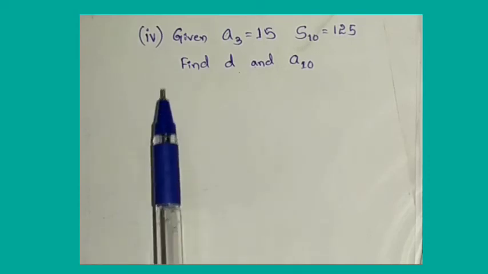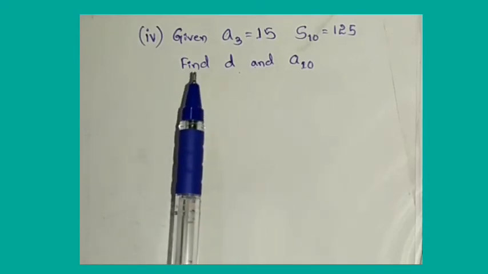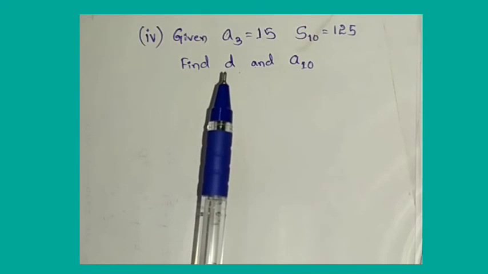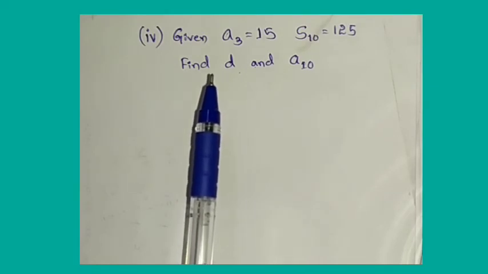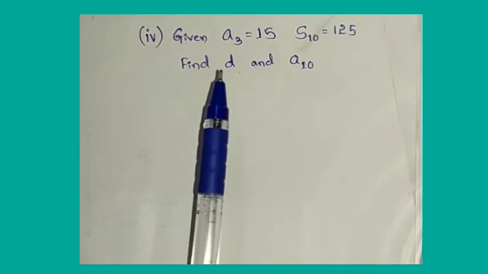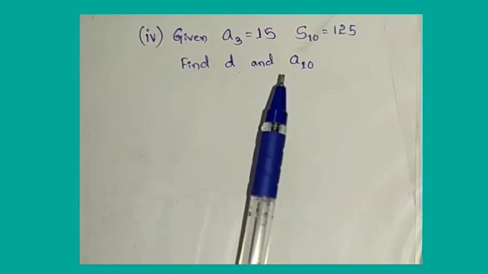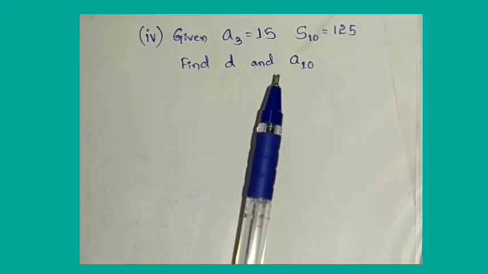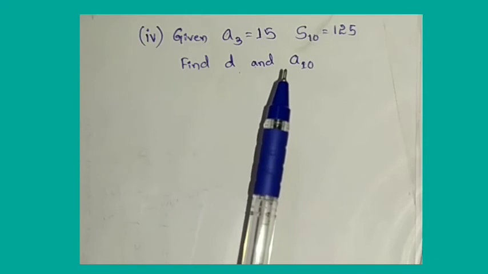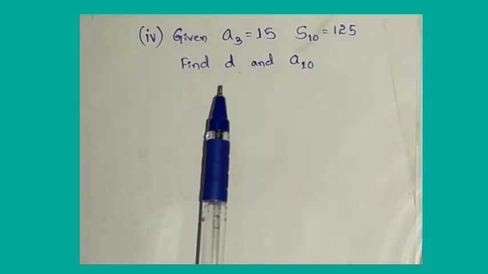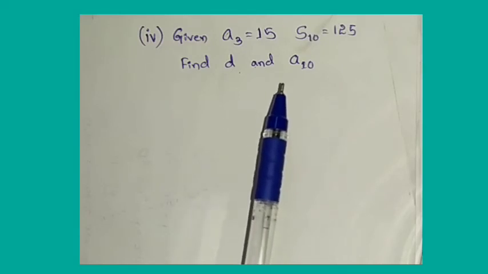Children, this fourth question is a very different question. Here you will get some equations, and according to the equations you have to solve the problem. First they have given A3, that is 15, and S10. So here they directly gave the sum: the sum of the first 10 terms is 125, and you have to find d and A10.